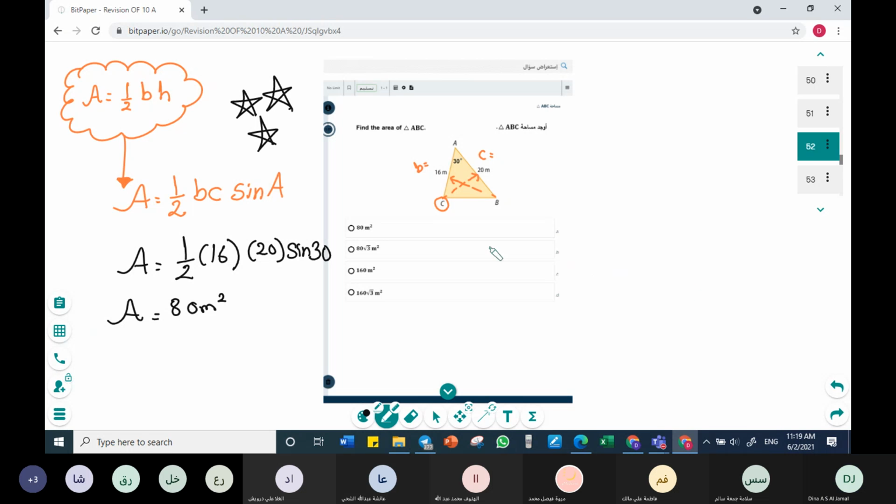The first one. So please remember this rule. It will be at the beginning of chapter 11. If I'm not wrong, I think it will be lesson 4. But please refer to the lesson of law of sines. It will be at the beginning of this lesson, if I'm not wrong.